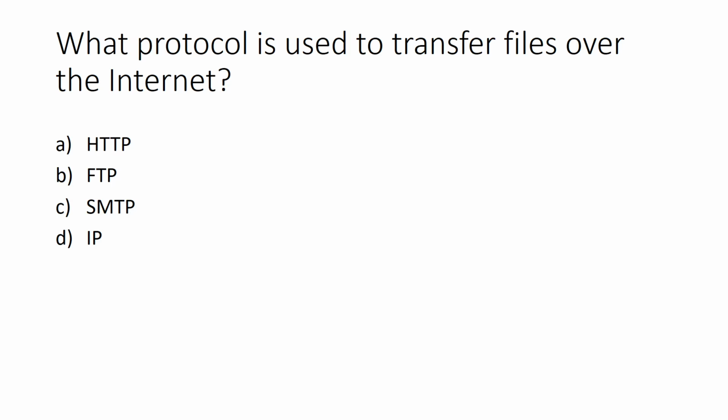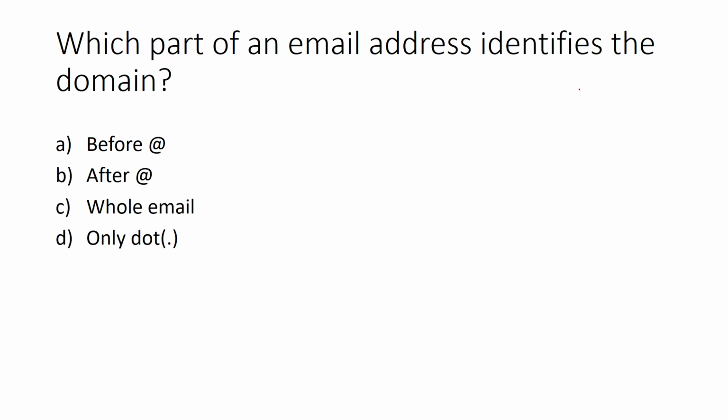What protocol is used to transfer files over the internet? To transfer files over the internet, we use the File Transfer Protocol, that is FTP. Next, which part of an email address identifies the domain? As I just told you, the part after the @ identifies the domain. Next question.